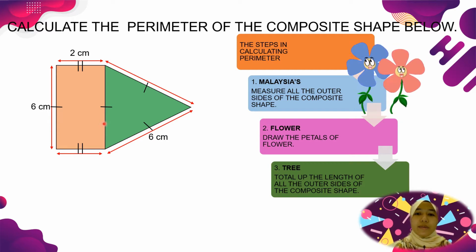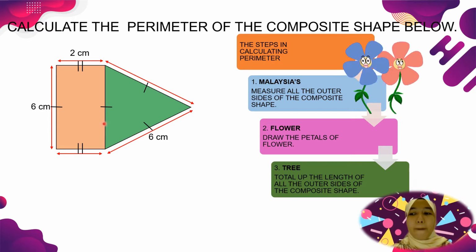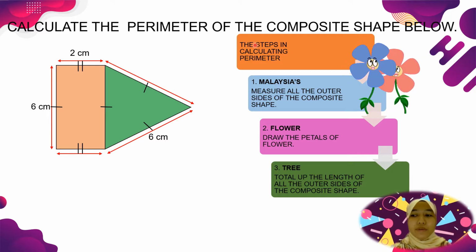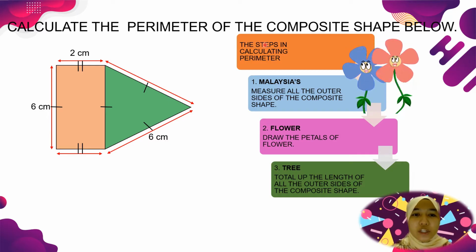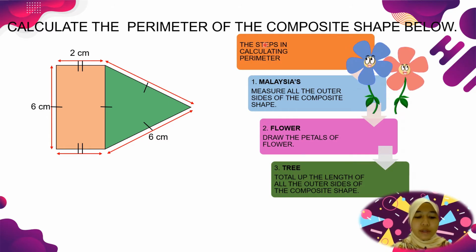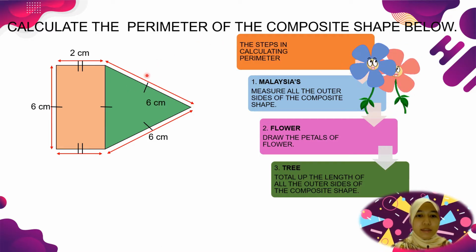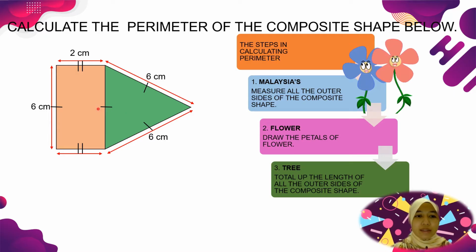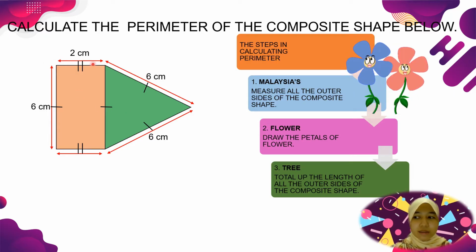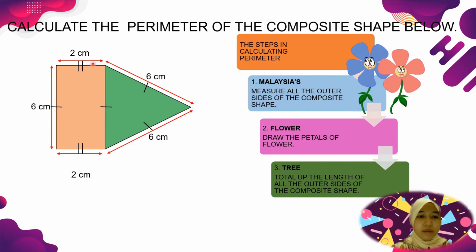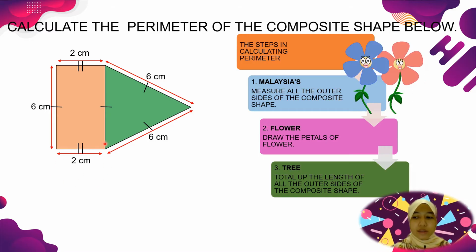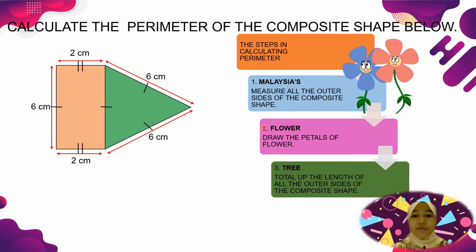Let's start calculate the perimeter. The first thing we must remember is Malaysia. Yes, measure. We already know that the sides with single mark are 6 cm each, while the sides with double mark are 2 cm each. Okay, good. Now we move to the second step, flower.